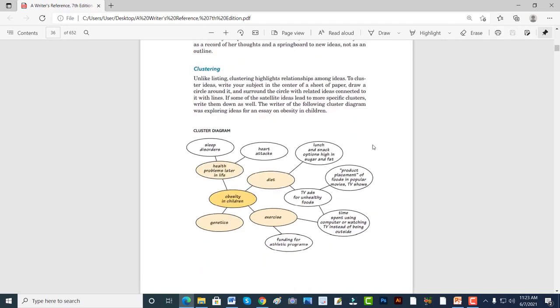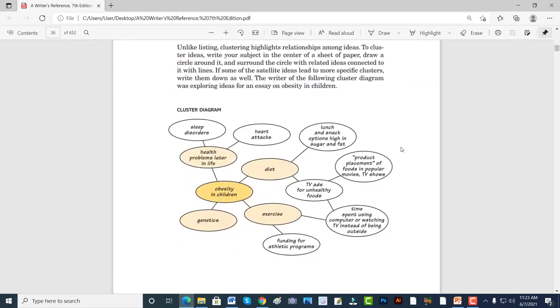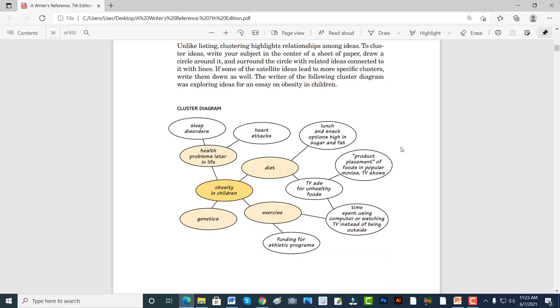Actually, something is called a cluster. You know what a cluster is? For example, in IELTS writing, you will get a topic about obesity in children. The children are becoming obese day by day. So how can you write on obesity of children? This is called clustering. You will brainstorm and jot down ideas.